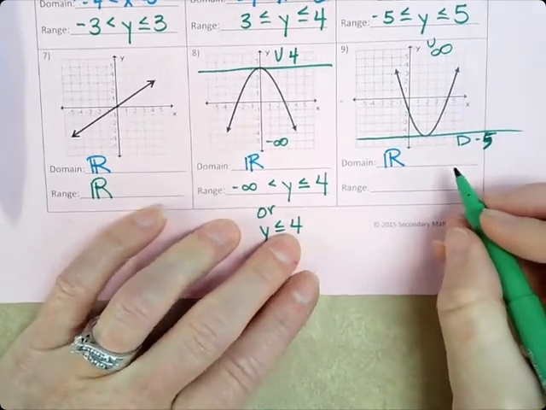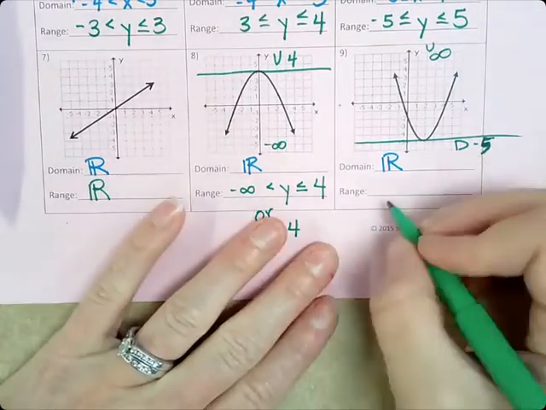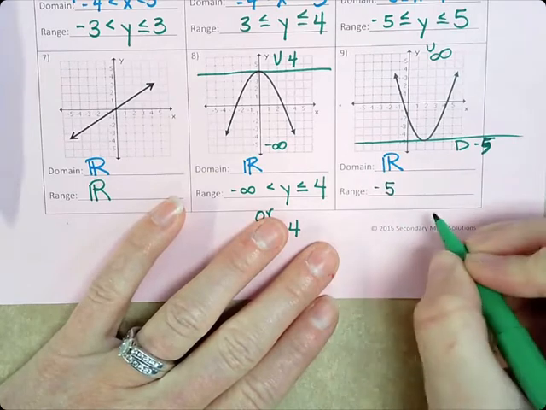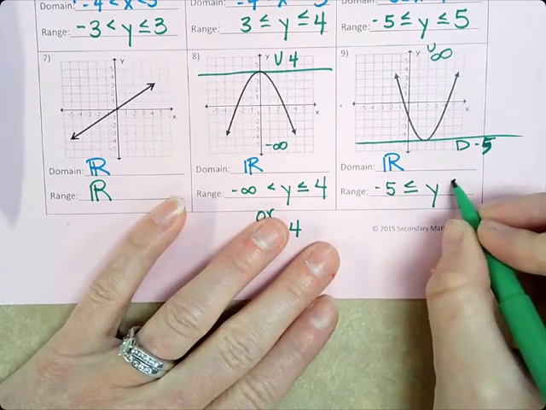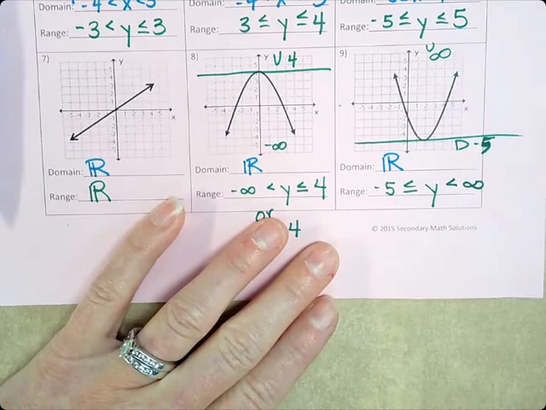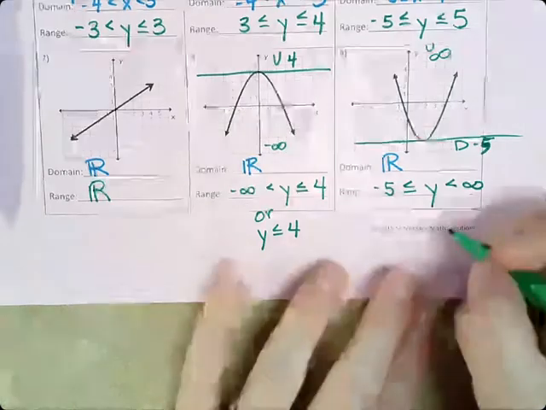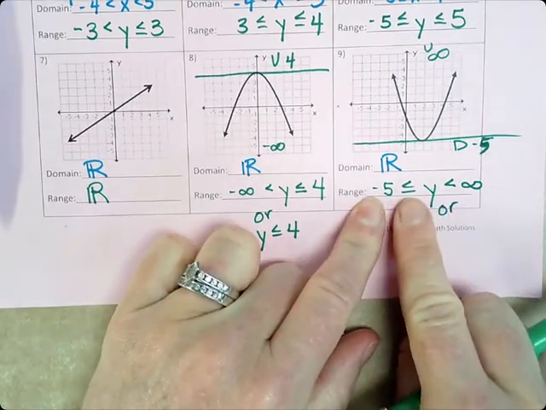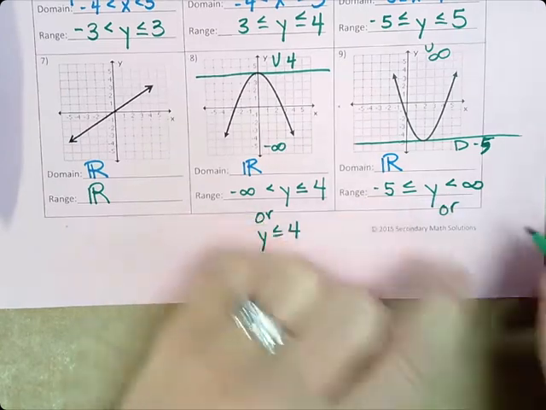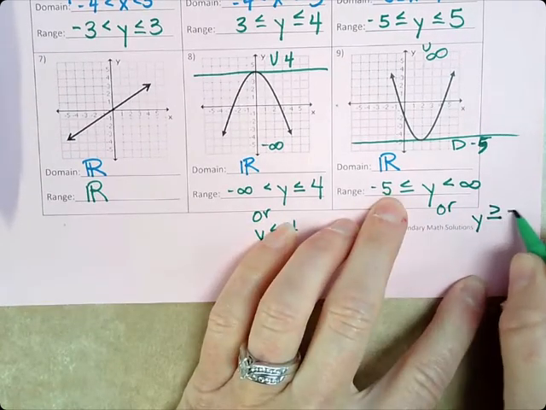So we write it in our left to right, down and up order. So down would be -5. It touches it, so less than or equal to y is less than infinity. The easier way to write it is if -5 is less than or equal to y, that means y has to be greater than or equal to -5.